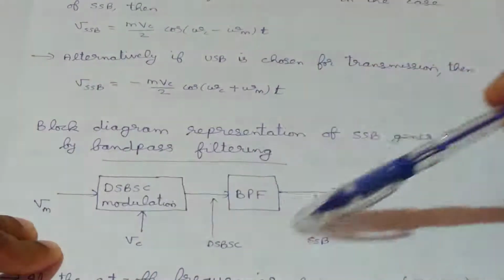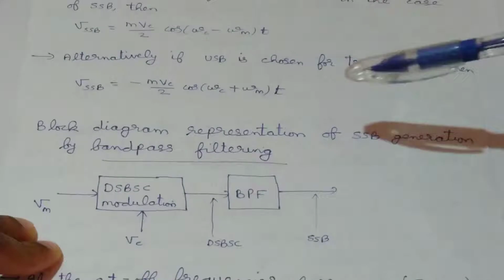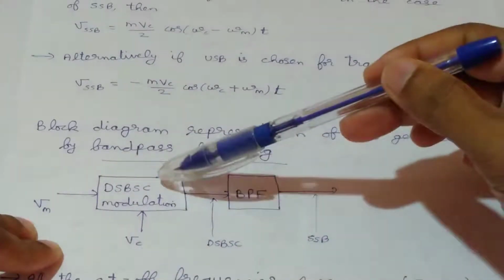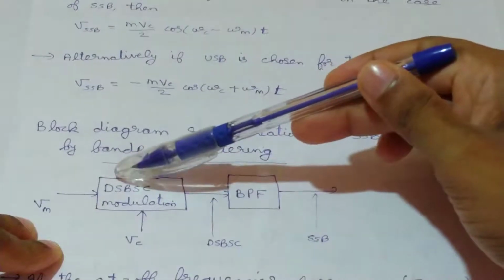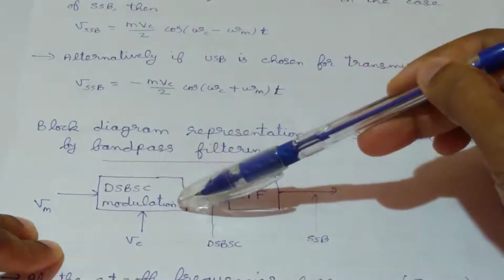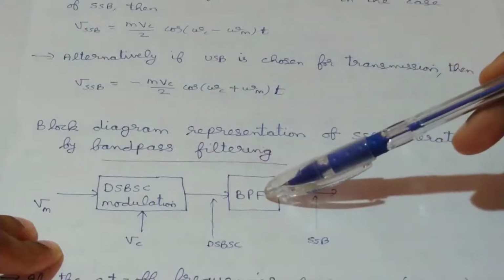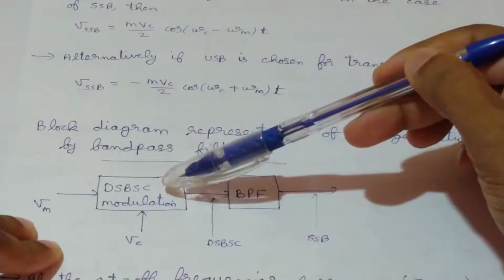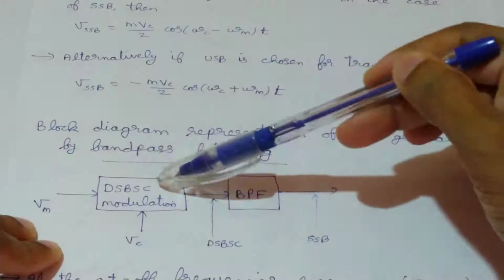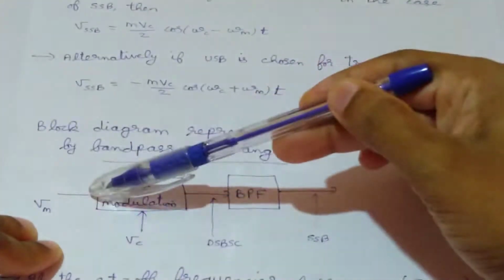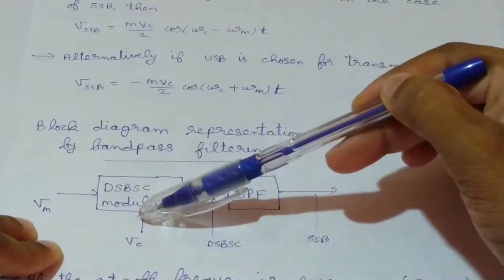This is the block diagram representation of single sideband generation by using band pass filtering. Here the first block is the double sideband suppressed carrier modulation block, and the second block is the band pass filter block. The input to this DSB-SC block is Vm and Vc: this is our modulating signal and this is our carrier signal.